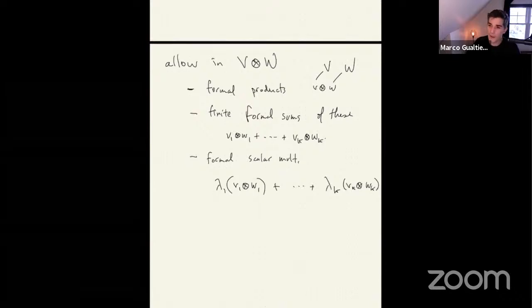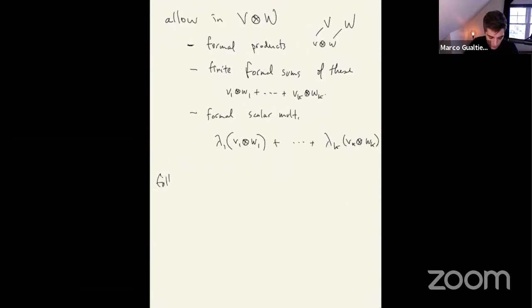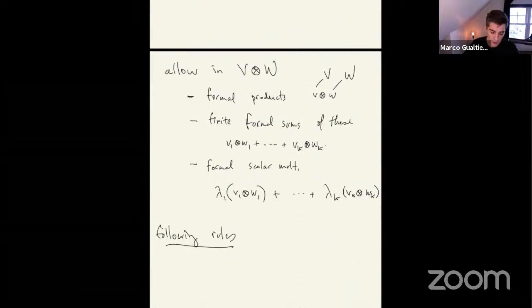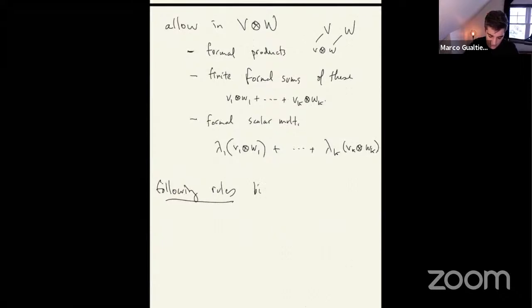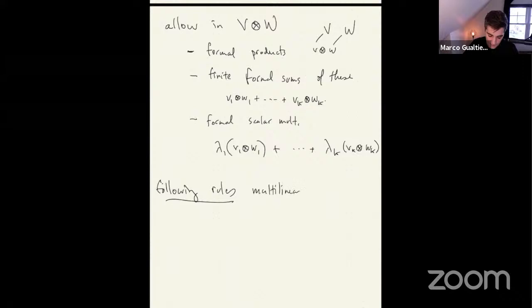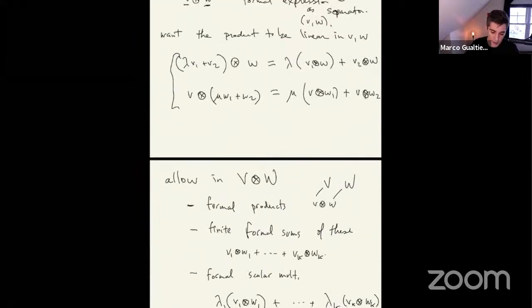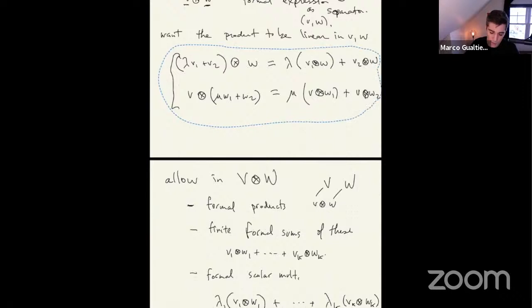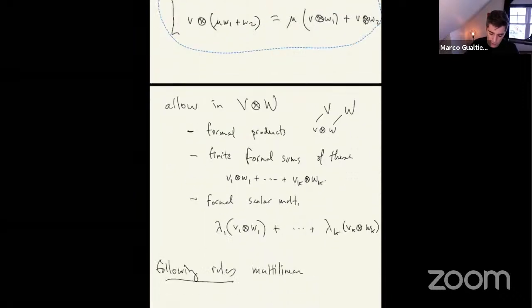Those are allowed, and they follow the rules of bilinearity, of multilinearity. So meaning that these rules are assumed to hold. We simply require them by force.